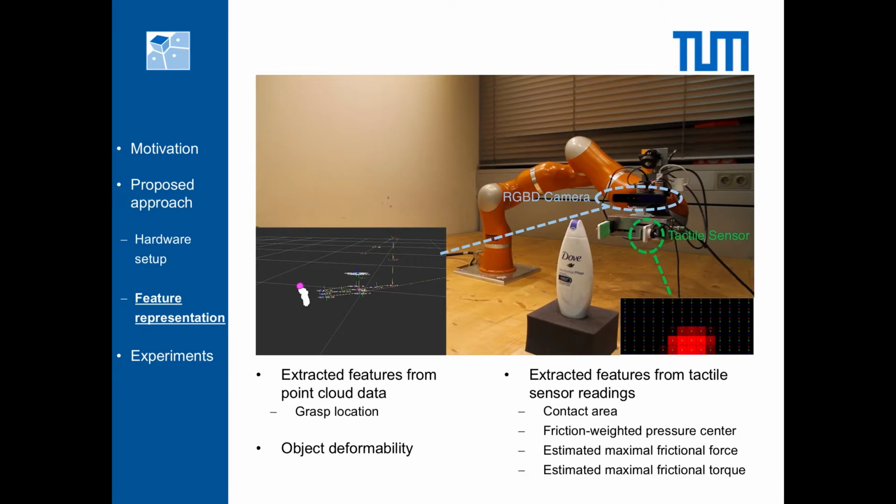Finally, we extract analytical features from the tactile sensor readings, including contact area, friction-weighted pressure center, and the estimated maximum frictional force and torque. The last 2 features are estimated because of the uncertainty of the friction coefficient. In this work, we approximate the friction coefficient conservatively to avoid false positives.